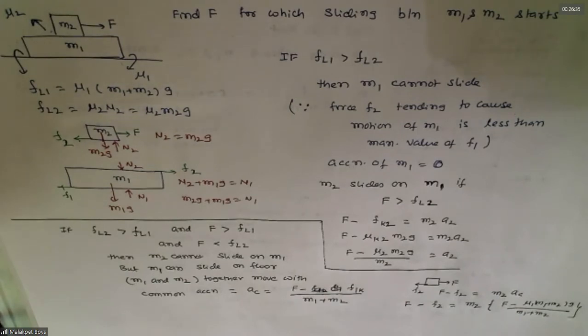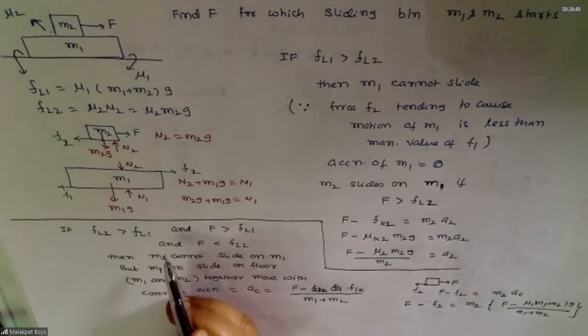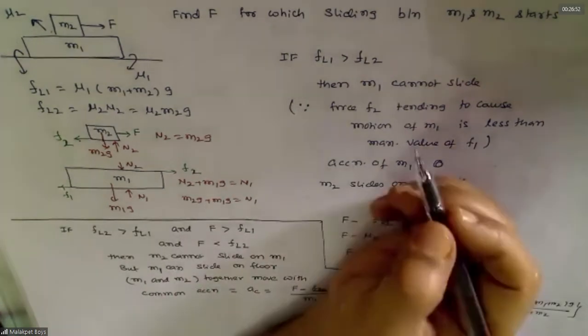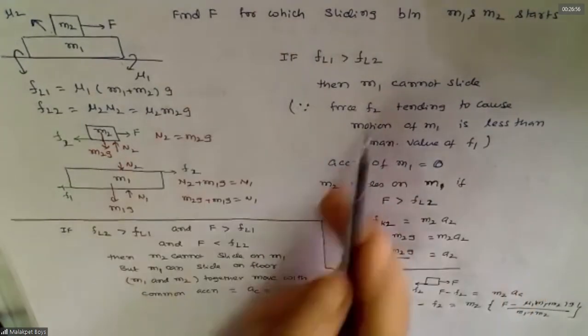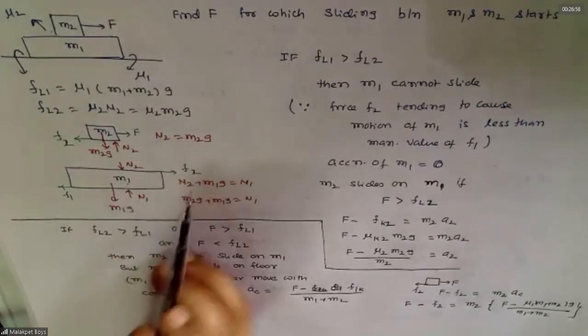Sir, then M2 cannot slide, sir, in the first line if FL1 is greater than FL2. M1 cannot slide, no?